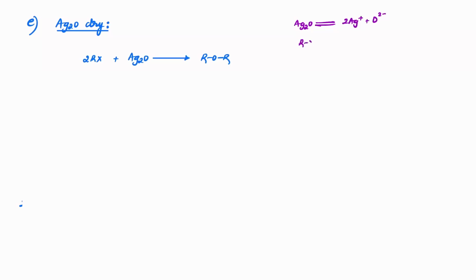And here RX is reacting with O2 minus. So O2 minus will attack on R. This X minus will leave. So that will become RO minus plus X minus. And RO minus will attack on the second mole of RX. And that's how you will get this as ROR.